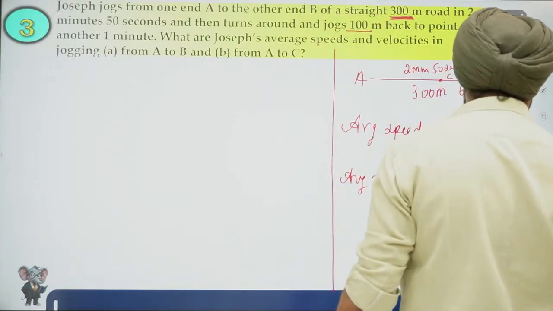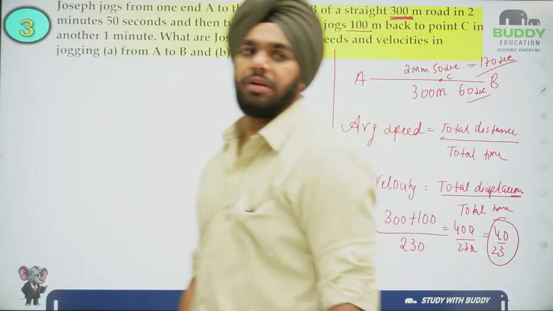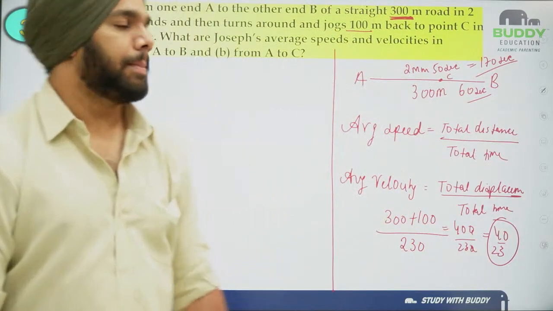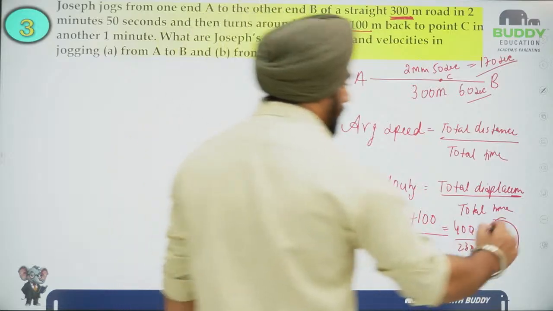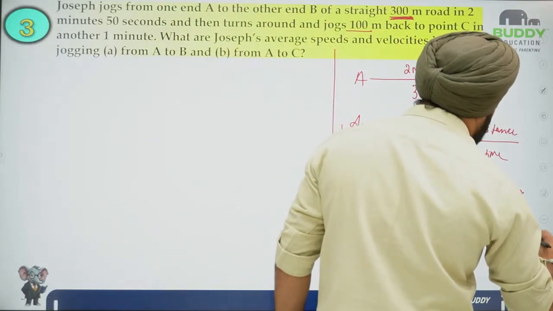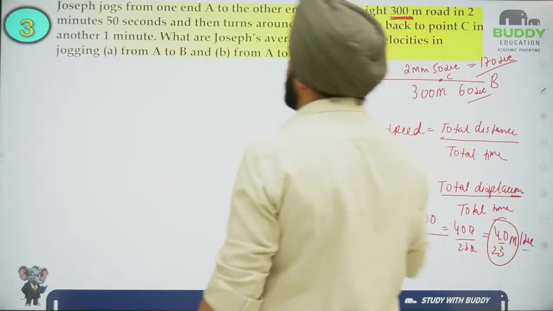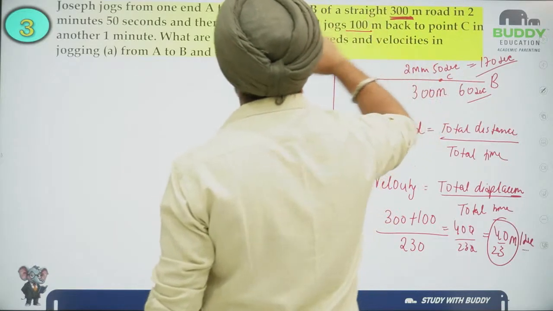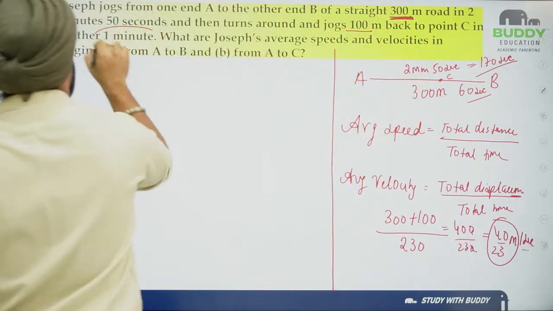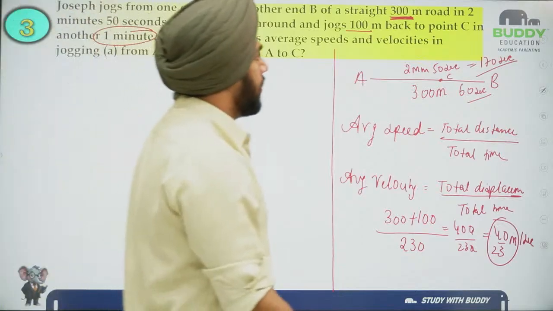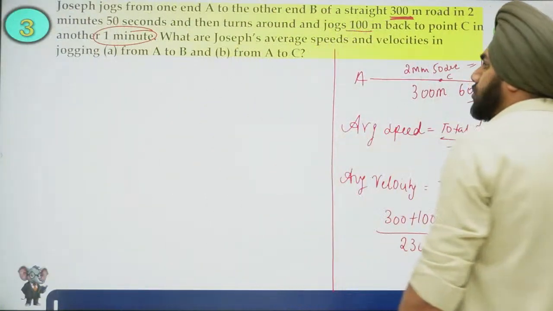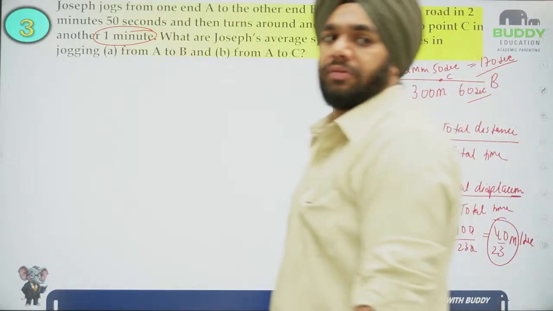So this is the average speed that we're talking about, 40 by 23, and this is in meter per second. You are given the time here in minutes, but we are finding the answer in meter per second. Getting my point?